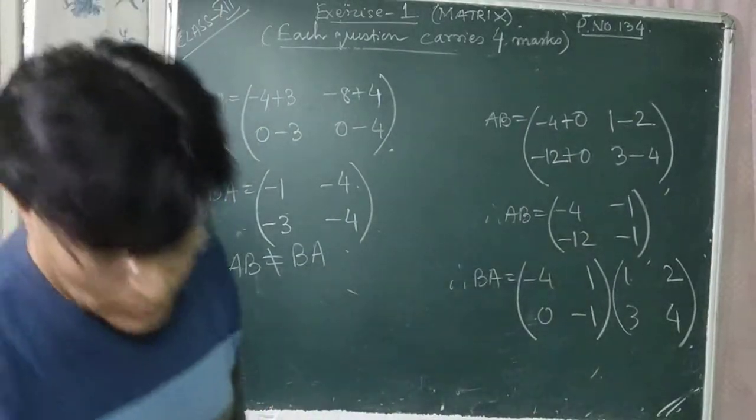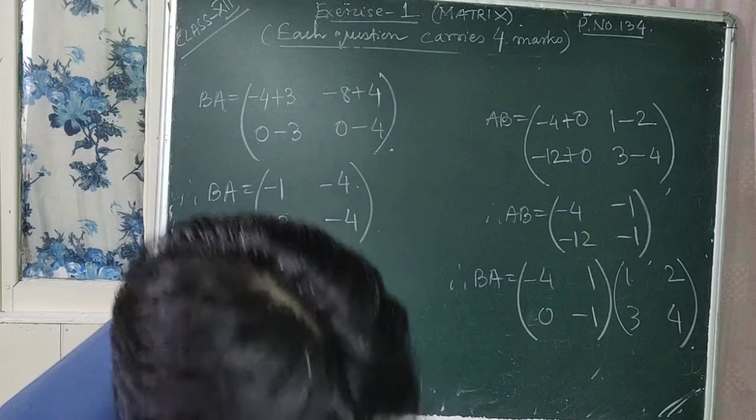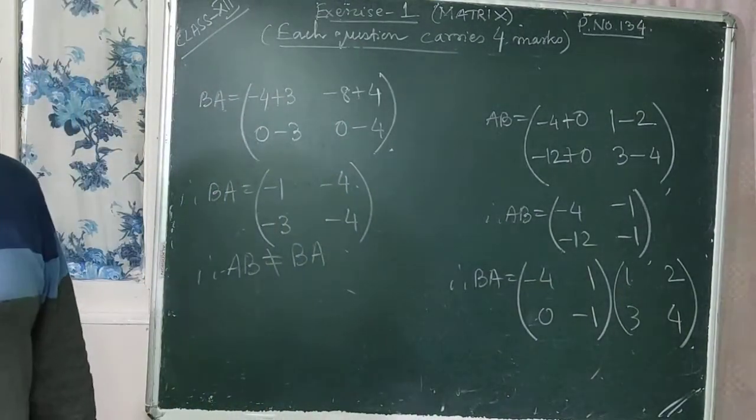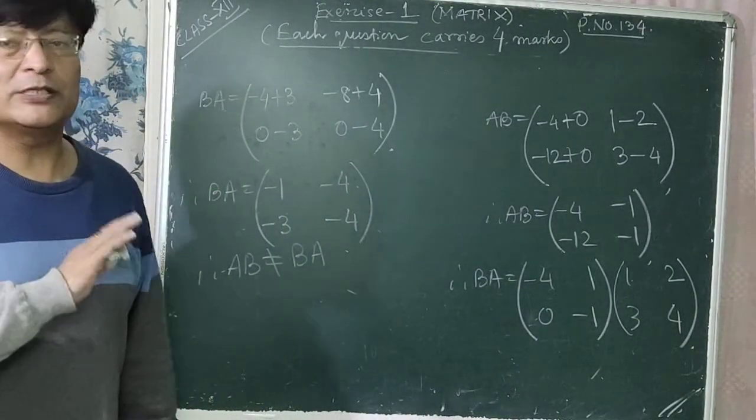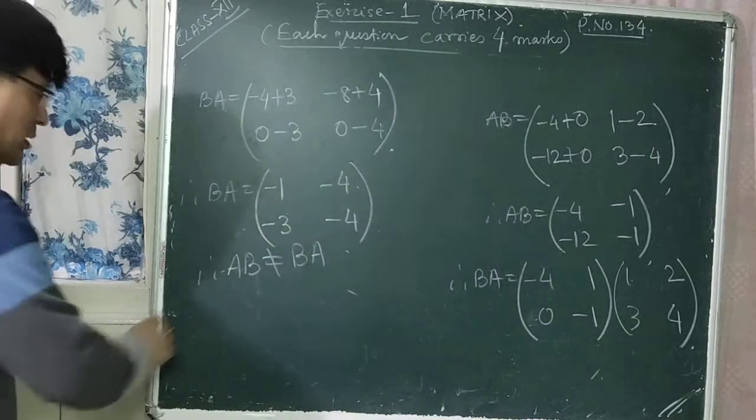That is, we have to prove here, is it in general true for matrix multiplication? So in general AB is equal to BA is not true for matrix multiplication.